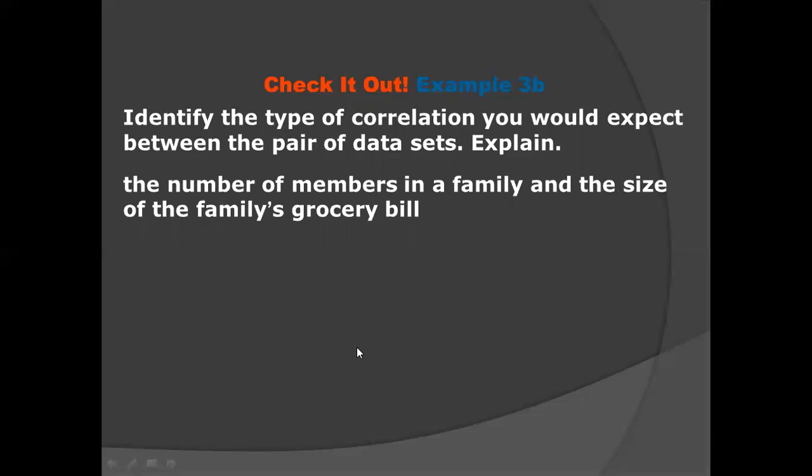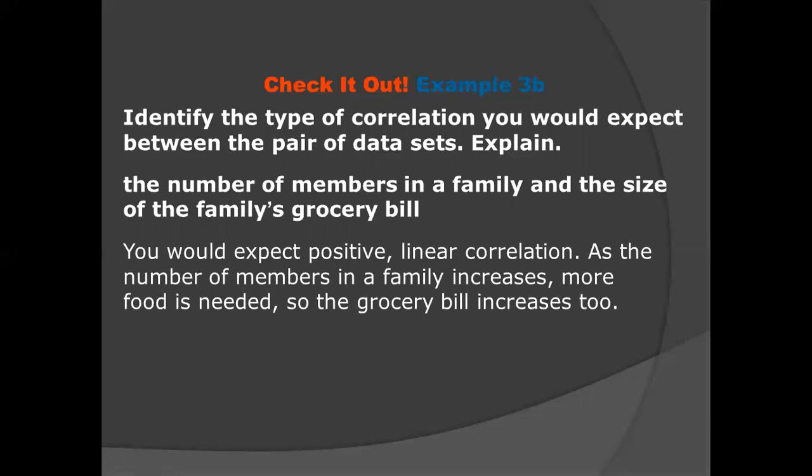The number of members in a family and the size of the family's grocery bills. You would expect a positive linear correlation. As the number of members in a family increases, we need more food, so the grocery bill increases.